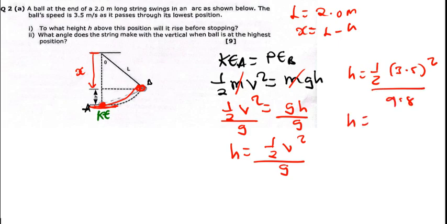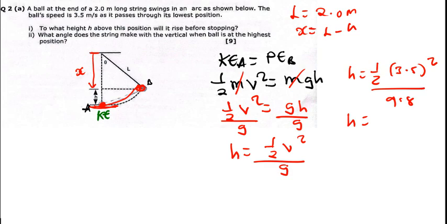So what will be h? If I go back here, I find my h, I'll discover that I have 3.5 squared, times 1 over 2 is 0.5, divided by 9.8.